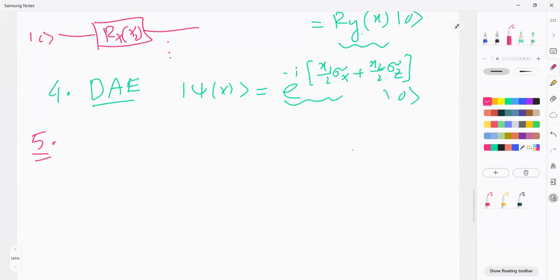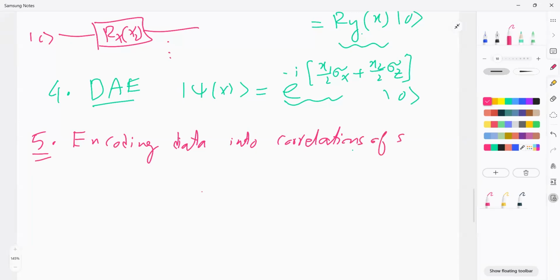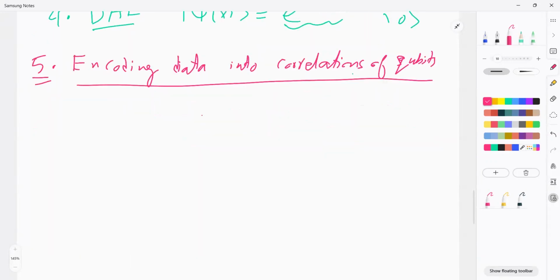Let's now talk about one systematic way of encoding data, not only in the individual qubit states, but into the correlations of qubit states. And let's see how we can do this.